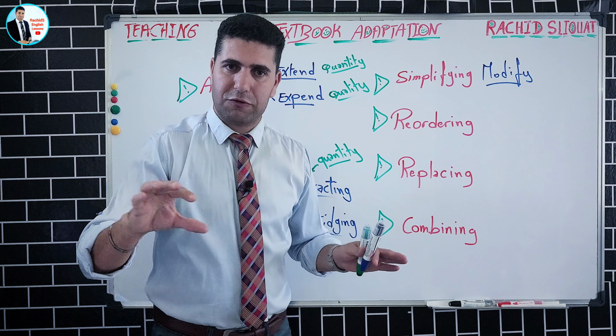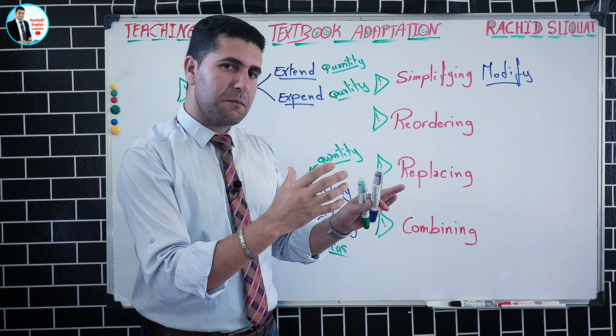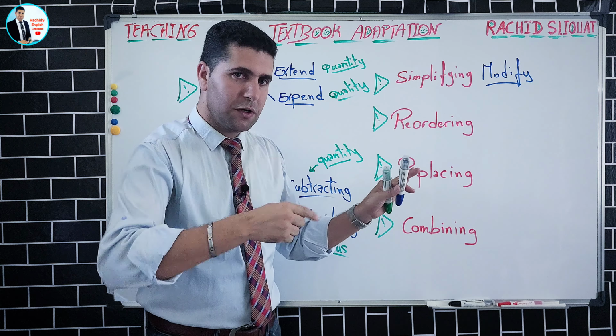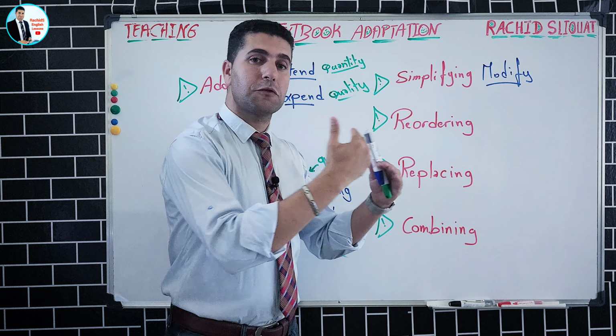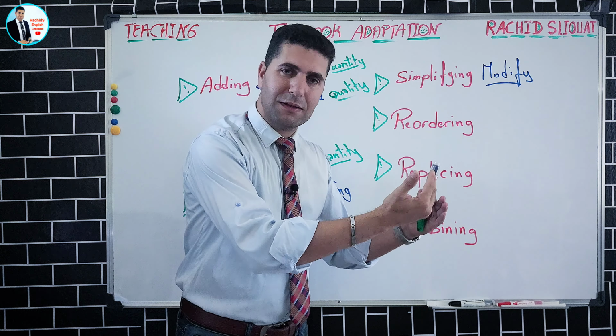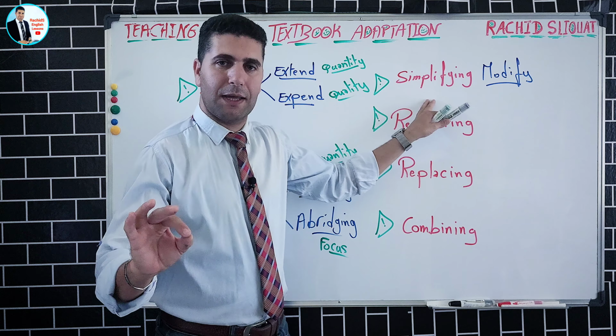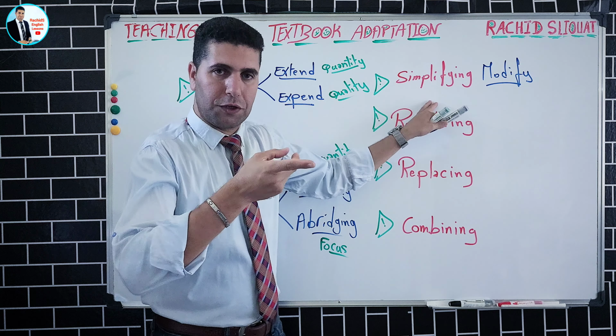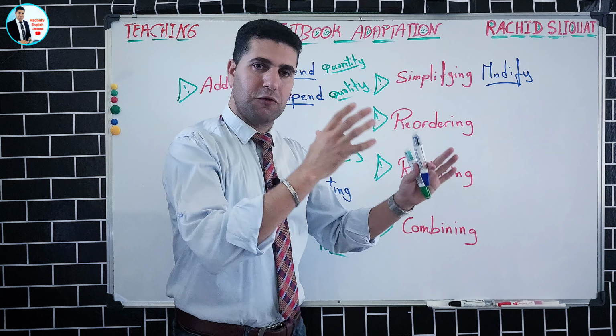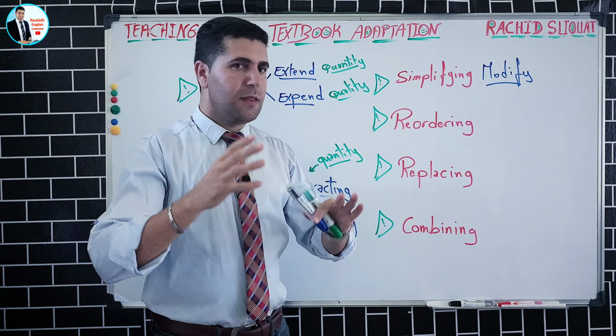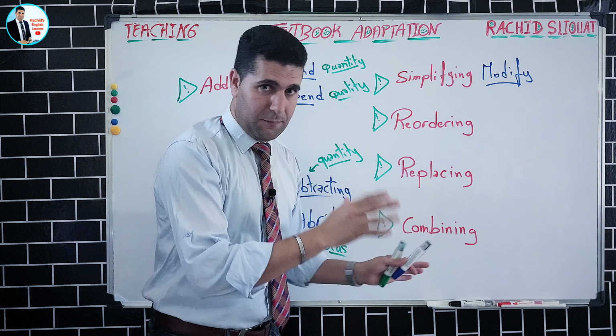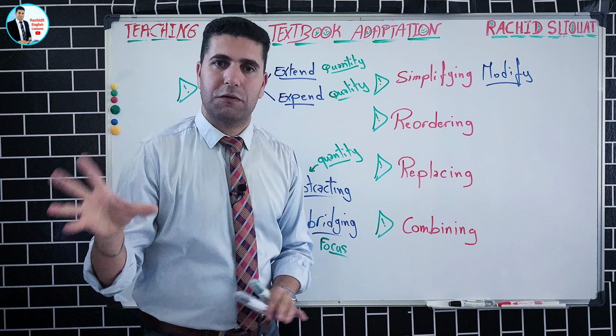For example, if you have a question or an exercise that seems a little bit difficult, you can for sure rewrite it differently to be simple for your student to understand. So that's what we mean by simplifying, modifying, rewording, to make the language course, the language item, the text, the exercise, the task, whatever, easy for your student.